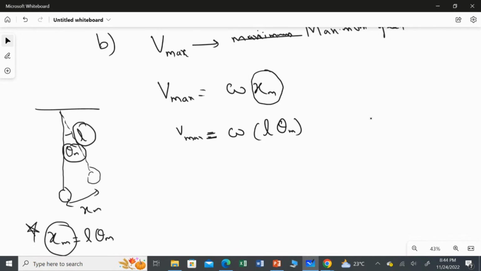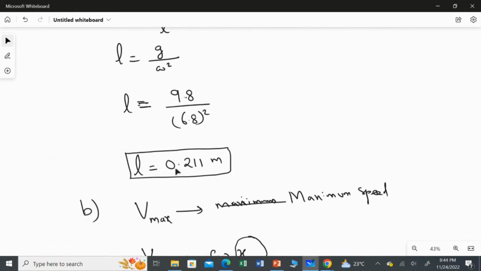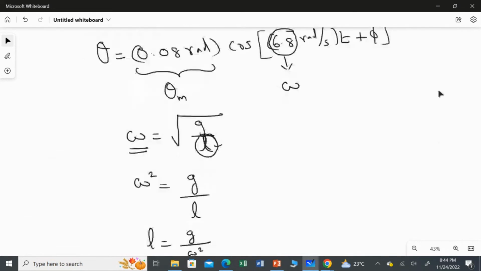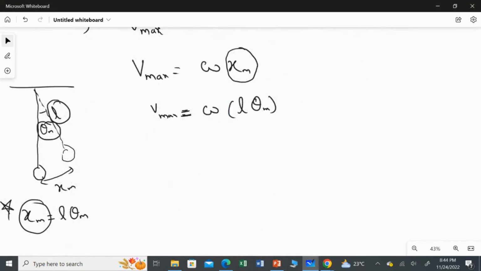Omega is already given in the equation. We have all these three values: L is 0.211, omega is 6.8, and theta m is 0.08. The only thing left is to substitute in this equation to get the value of the maximum speed, right?